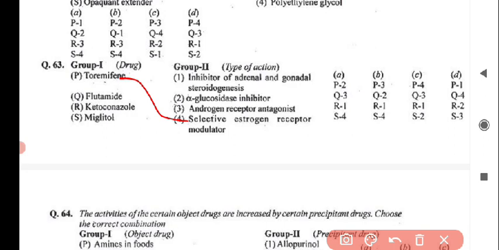For the drug flutamide, the correct answer is option number 3, that is androgen receptor antagonist. For ketoconazole, the correct answer is option number 1, that is inhibitor of adrenal and gonadal steroidogenesis. And for the fourth option, that is miglitol, the correct answer is option number 2, alpha glucosidase inhibitor. So option C is correct for this.